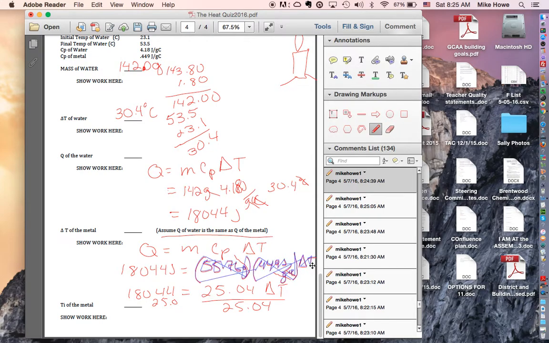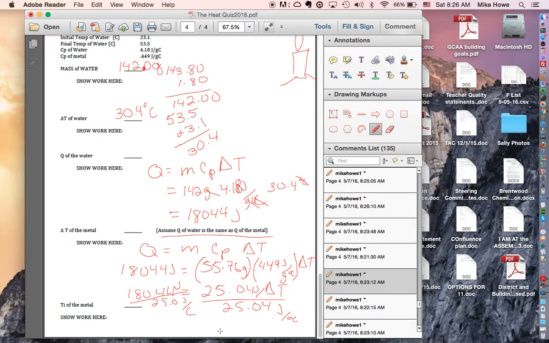Degrees centigrade won't cancel, because there's nothing up here to cancel it. So on this unit, I'd have joules per degree C. On this side, I'm going to have joules divided by joules per degree C. When I do that, I'm going to invert and multiply, and end up with just degrees C.